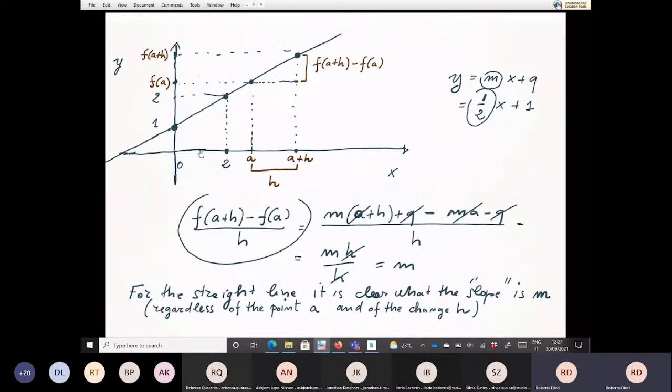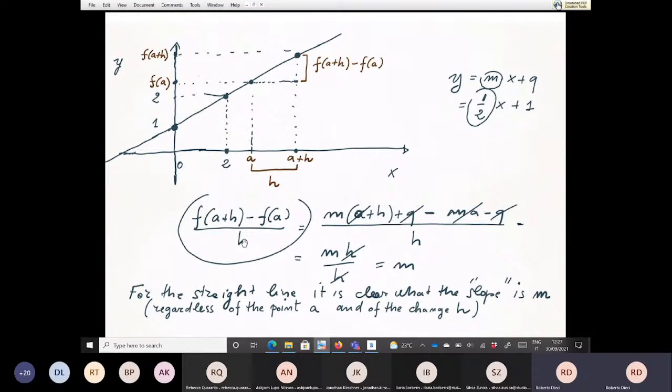Then I consider the corresponding values of the function, f of a here and f of a plus h here. I consider the increment of the function, f of a plus h minus f of a, the difference between these two coordinates, and I take the ratio of the vertical change over the horizontal change, so the ratio with h.